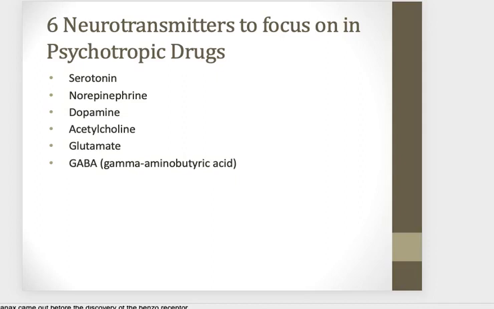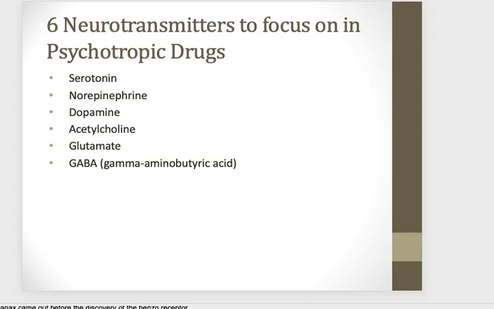We have acetylcholine, glutamate, which is an excitatory neurotransmitter, and GABA, which is an inhibitory neurotransmitter. So you can consider glutamate and GABA are opposites. And if you need help remembering GABA, it is what benzos work through. So it brings you down, and glutamate is the opposite. So it's excitatory.